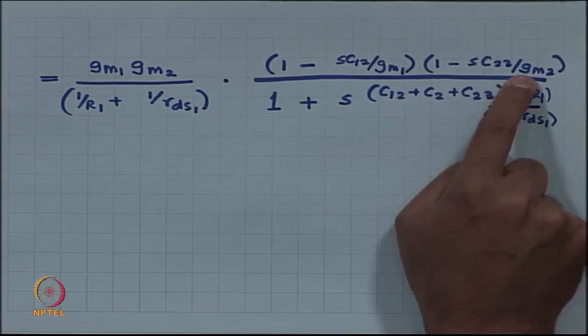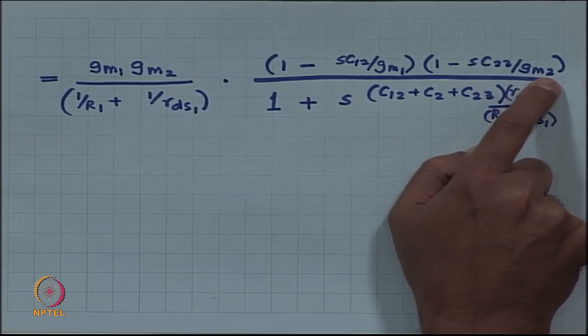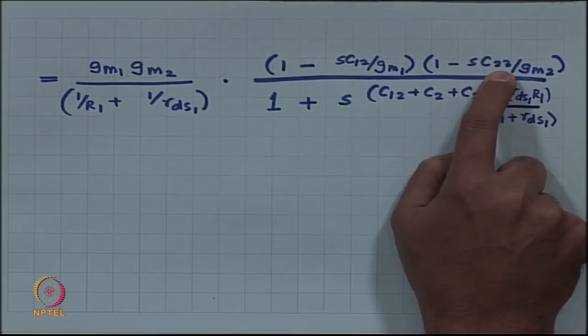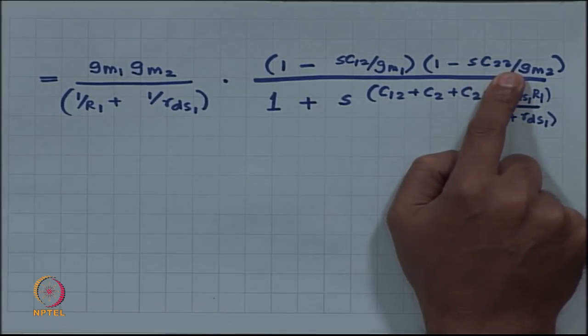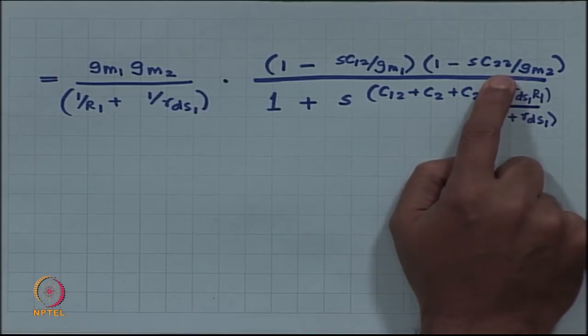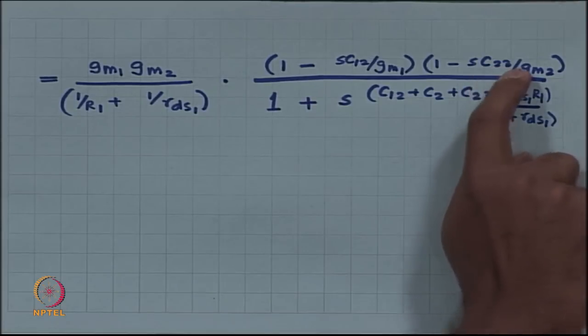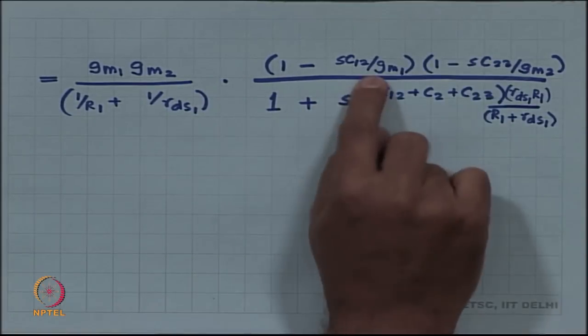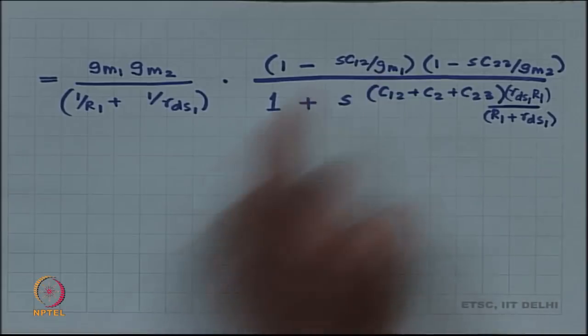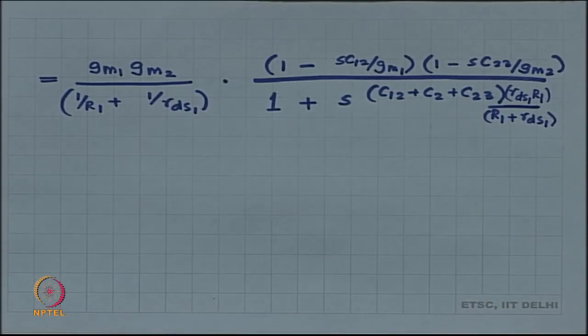So, your right half plane 0 is at the location GM2 by C23. So, if you say what is the value of the right half plane 0, it is at GM2 divided by C23, that is the frequency, GM1 divided by C12, that is the frequency.